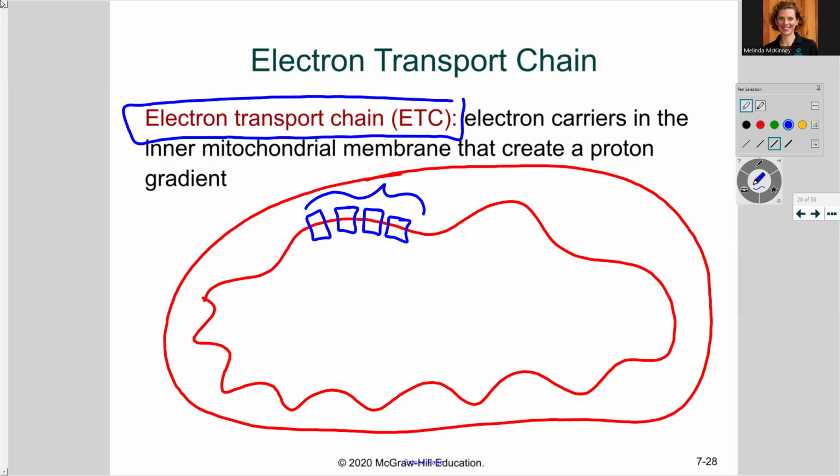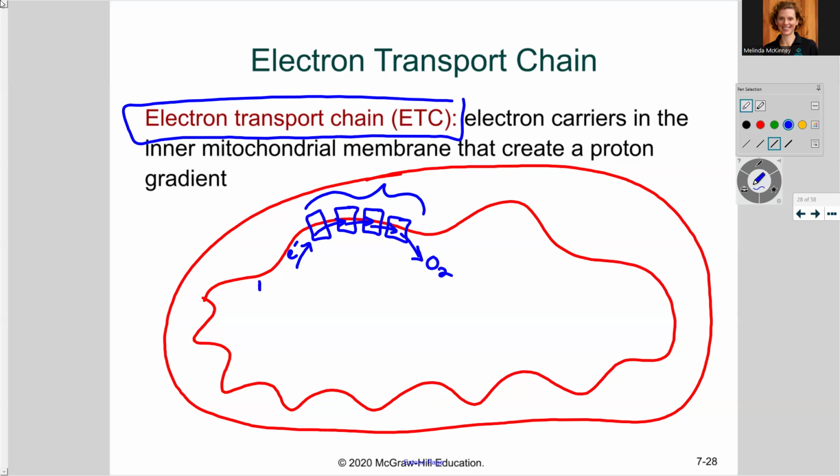Okay. They are going to carry electrons. They're going to be given electrons here. They're going to be dumped off and they're going to carry them from one to the next, to the next, to the next. And they're ultimately going to give that electron to oxygen and make oxygen gas.